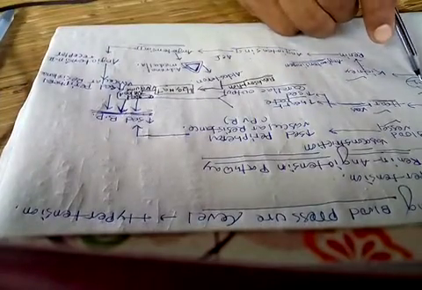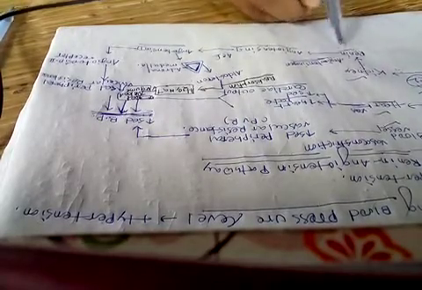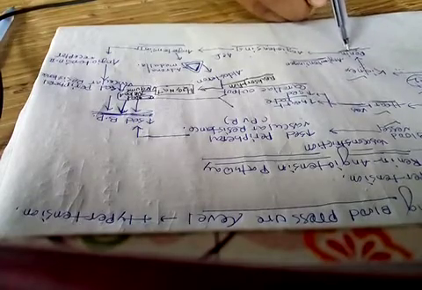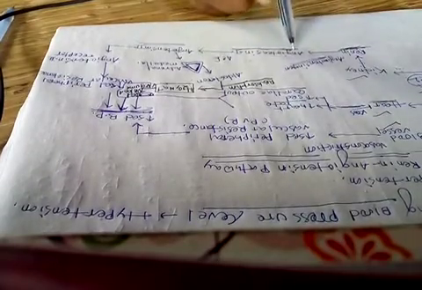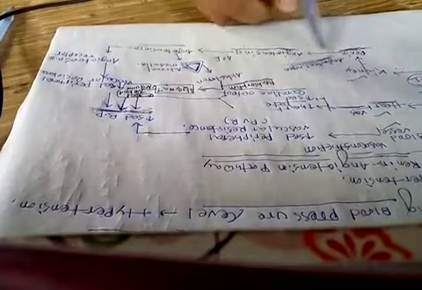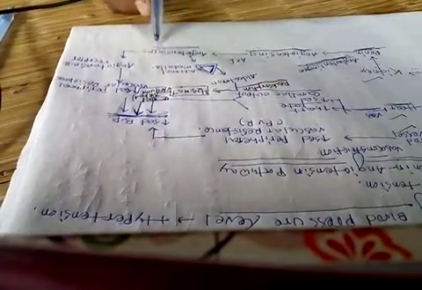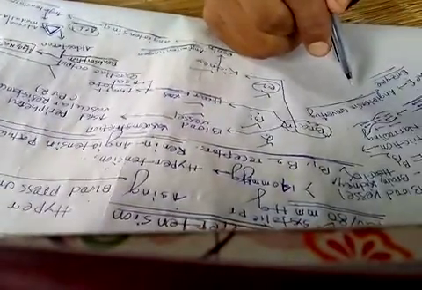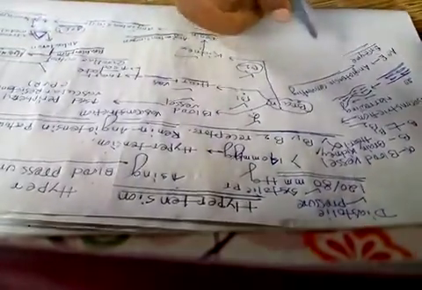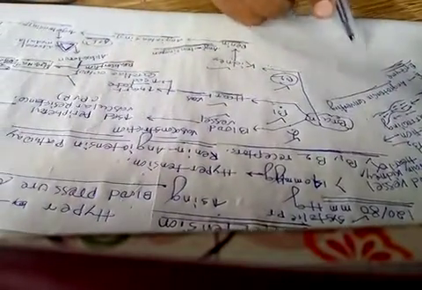So the next thing is the beta 2 receptor, which is promoting the kidney to release renin. Okay, renin is a protein. That renin is also helping to convert to angiotensin 1 with the help of the angiotensinogen enzyme. By that, angiotensin 1 is converted to angiotensin 2 with the help of the angiotensin converting enzyme.